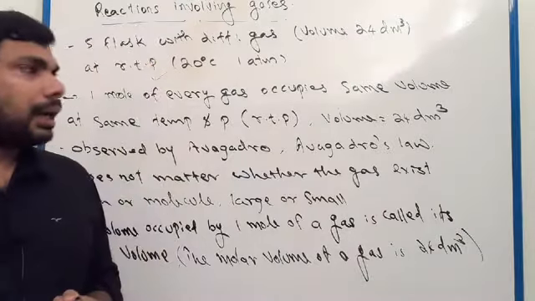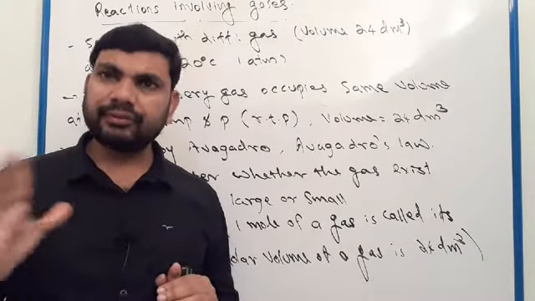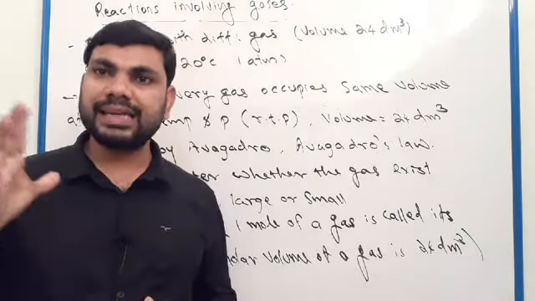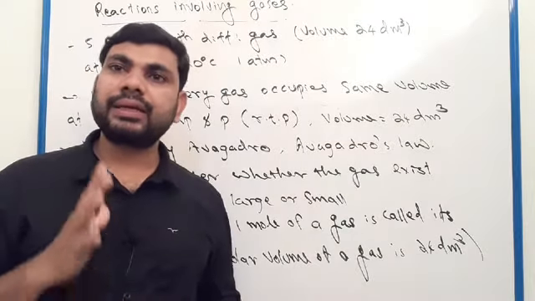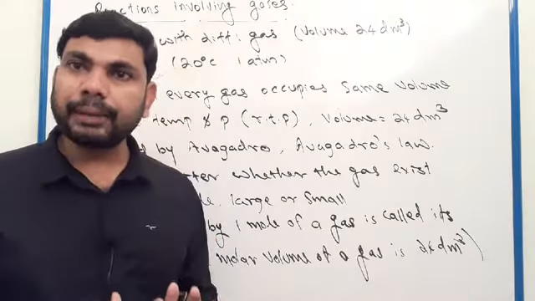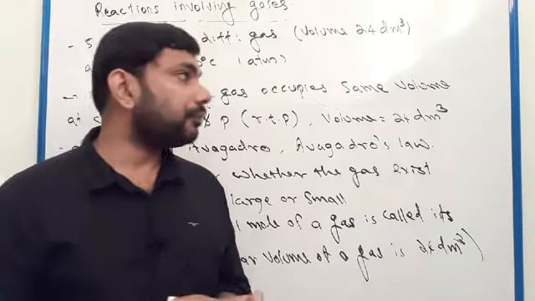Okay, and here I said 5 different gases in 5 different flasks, but their volume is the same, 24 decimeter cube.